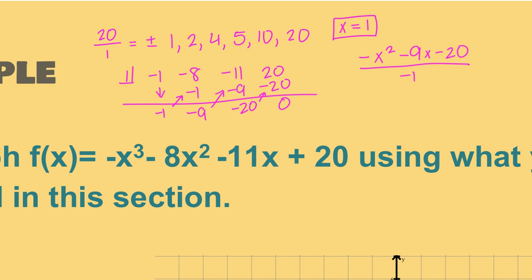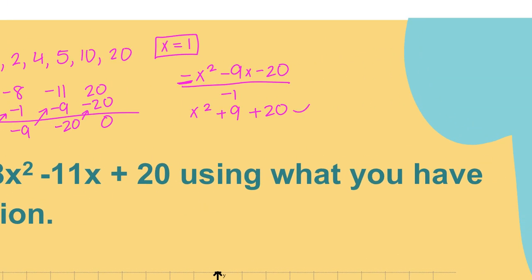Because I have a negative, I'm going to factor out that negative because I don't want a negative here. So I'm going to have x squared plus 9x plus 20. And now I'm going to go ahead and factor it. What multiplies to give me 20 and adds to give me 9? 5 and 4. So I'm going to have x plus 5 and x plus 4.